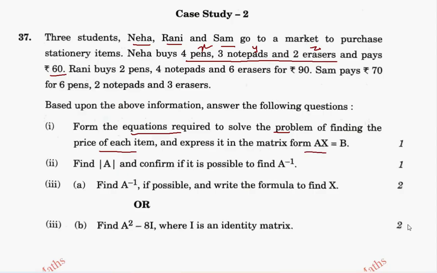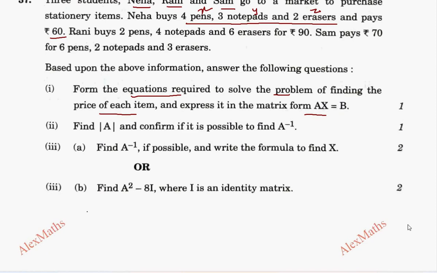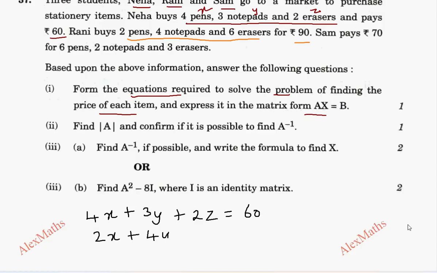So we take the first equation as 4x plus 3y plus 2z equal to 60. In the same way, Rani buys 2 pens, 4 notepads and 6 eraser and pays rupees 90. So the second equation is 2x plus 4y plus 6z equal to 90.